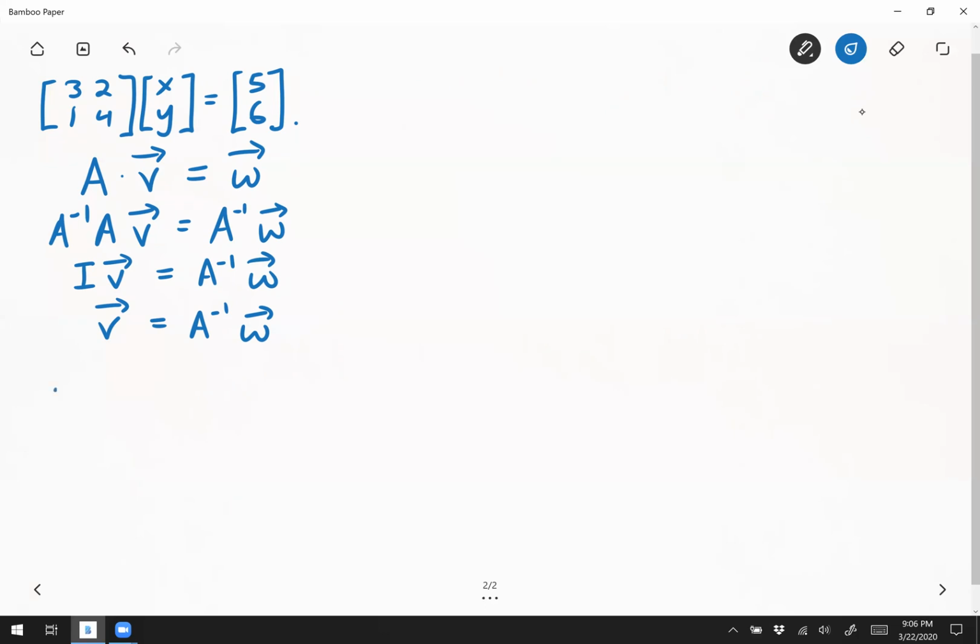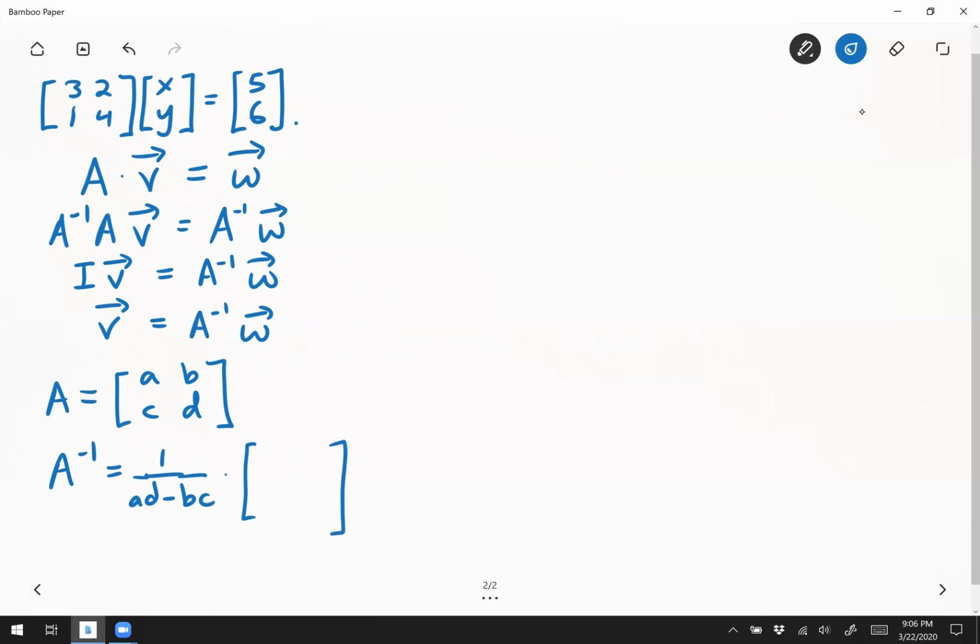For a 2x2 matrix, there's a pretty nice formula for that. If your matrix has the general form A, B, C, D, then a formula for the inverse is 1 over the quantity AD minus BC times, basically rearrange the values in the matrix: the numbers in the main diagonal swap, and the other entries are negated.